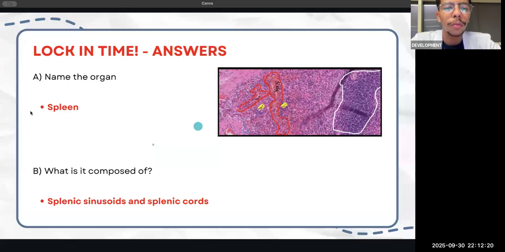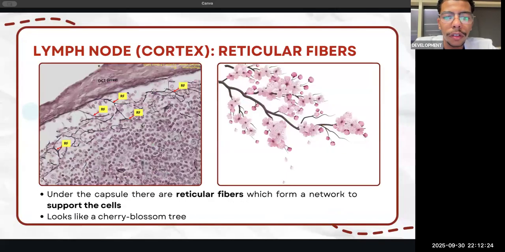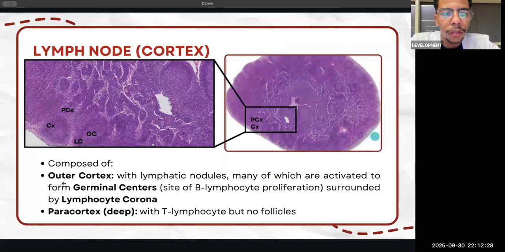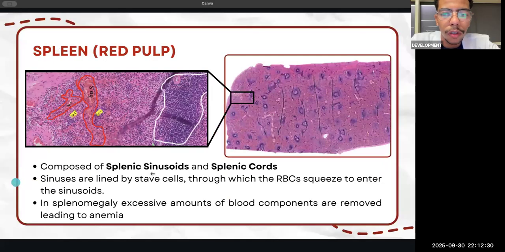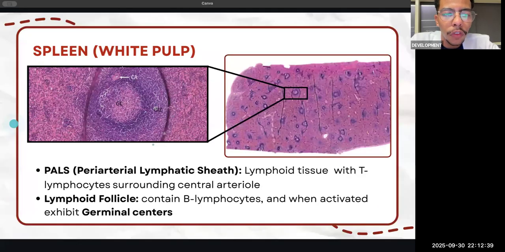If you zoom in on the white pulp, in the middle of it we have this lymphoid follicle, which has what? The germinal center.